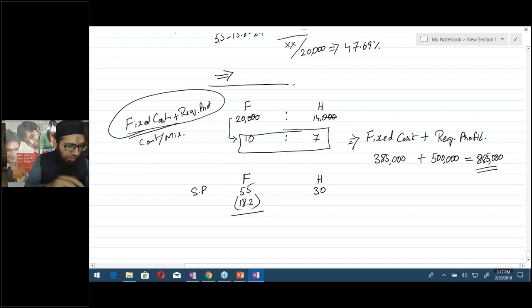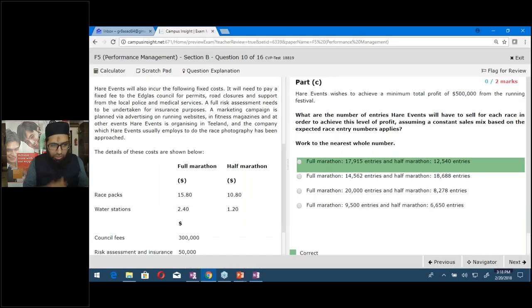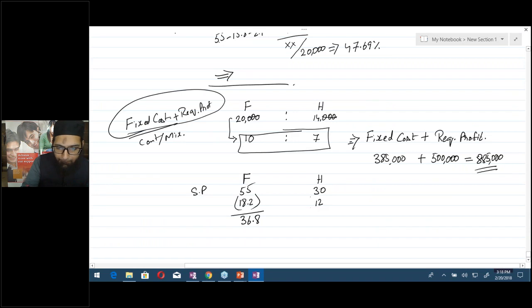So the contribution is 36.8. Same for half marathon: it will be 10.8 plus 1.2, which is 12. So the contribution will be 18.